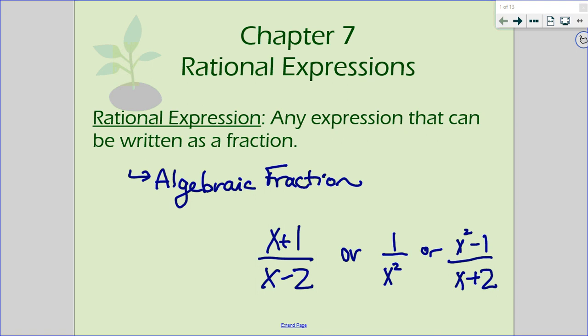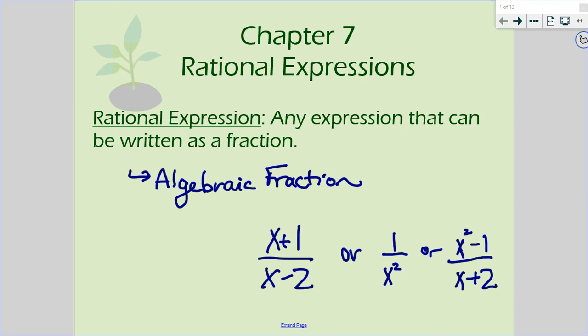Those are all algebraic fractions, or in other words, rational expressions. So you're going to be looking to have an algebraic expression, something with an x, in at least the denominator, or the denominator and the numerator.